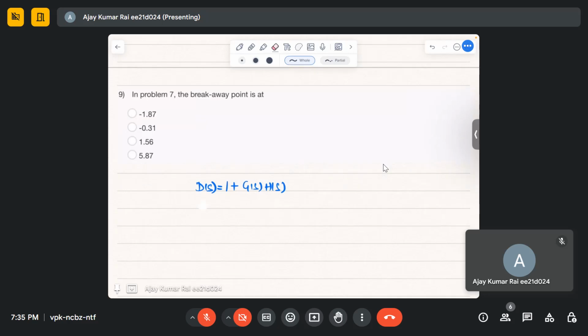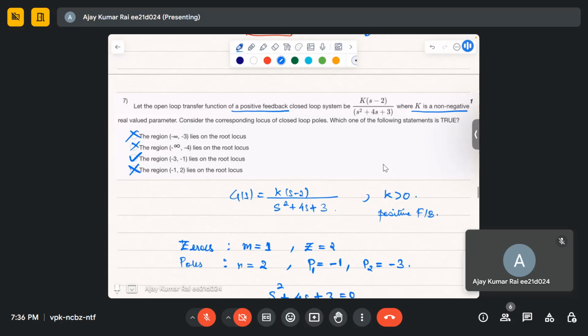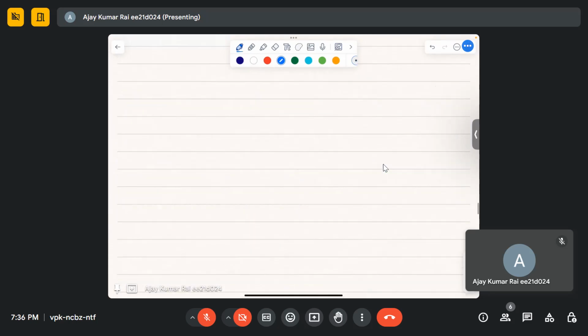So what we used to do, we first calculate this equal to 0. Let me say GS is k into s minus 2 over s square plus 4s plus 3. This is given to me, and I think it is positive feedback and k is greater than 0.